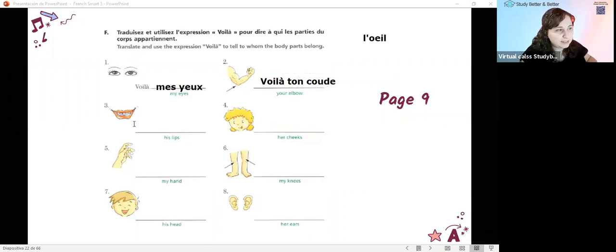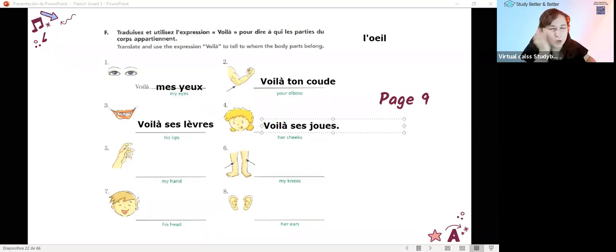Then we have his lips. We're going to say again, voilà ses lèvres, because we have multiple objects. They are the lips, it's plural. For her cheeks, voilà ses joues, because joues is also plural. We don't have only one cheek, we have many cheeks, okay? Voilà ses joues. Then we have my hand, voilà ma main.